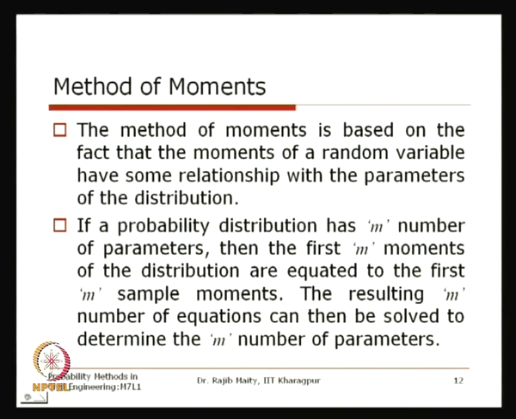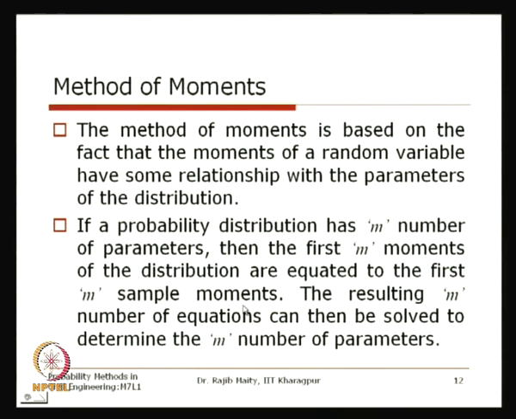We take another example, say the normal distribution or the gamma distribution. Both have two parameters. For normal it is mu and sigma square, and for gamma you know that it is alpha and beta. So the two parameters are there. Then the first two moments, first moment and second moment, should be equated to the first two moments of the sample.